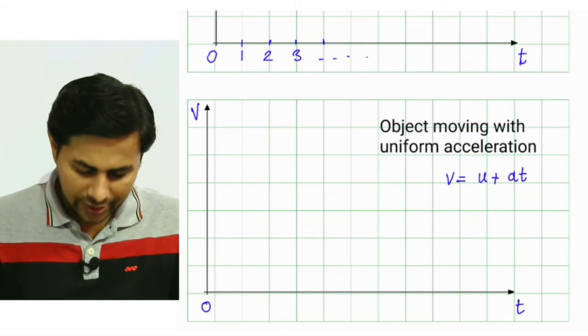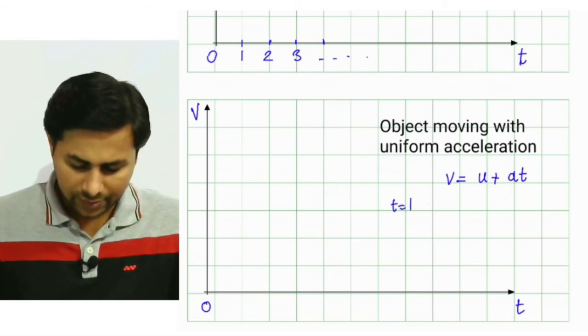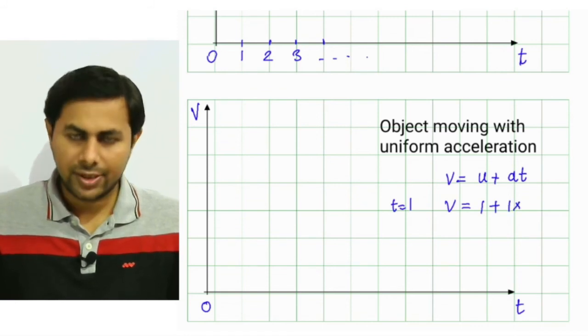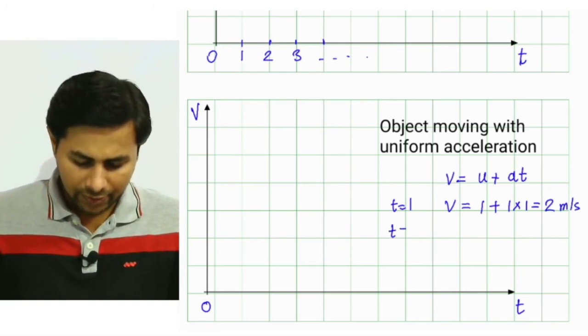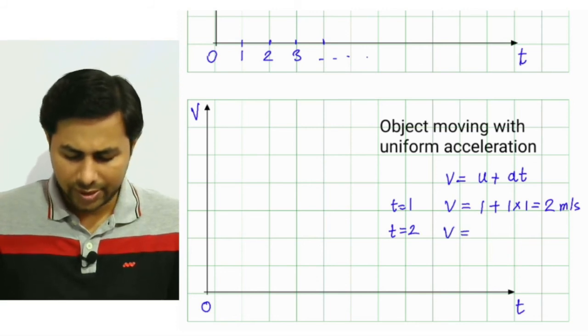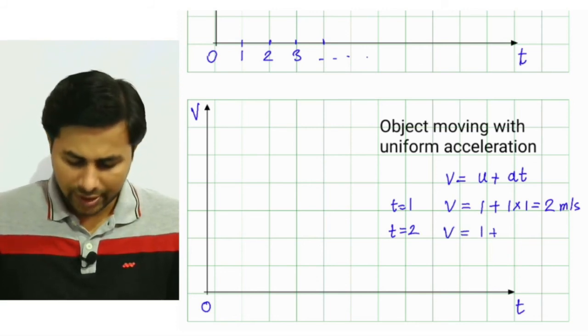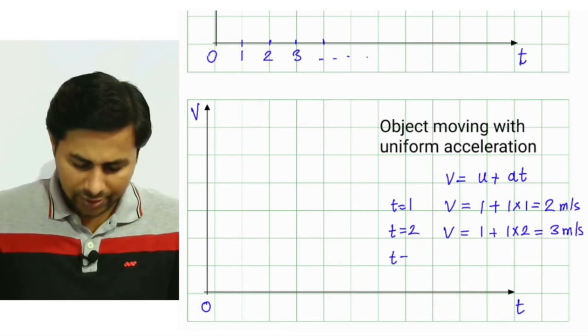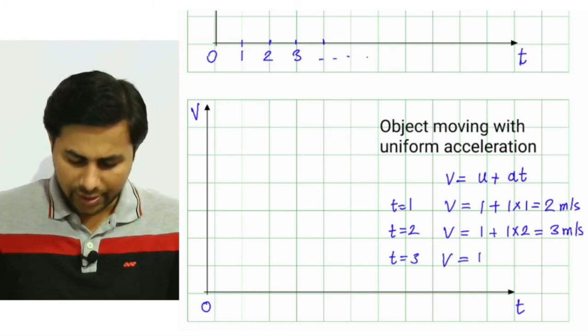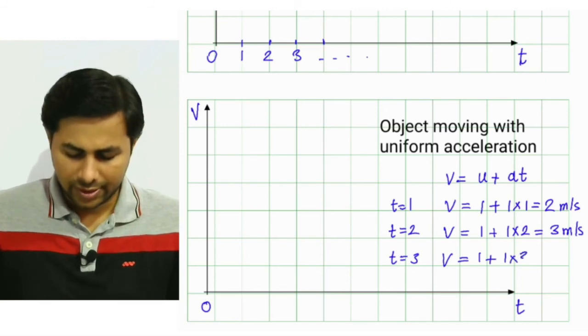So when t equals to 1, v becomes 1 plus acceleration is 1 times t is 1. So 1 plus 1, that is 2 meters per second. At t equals to 2, v becomes initial is same plus acceleration is 1 times 2, so it is 3 meters per second. At t equals to 3, it is 1 plus 1 times 3, that is 4 meters per second. Okay.